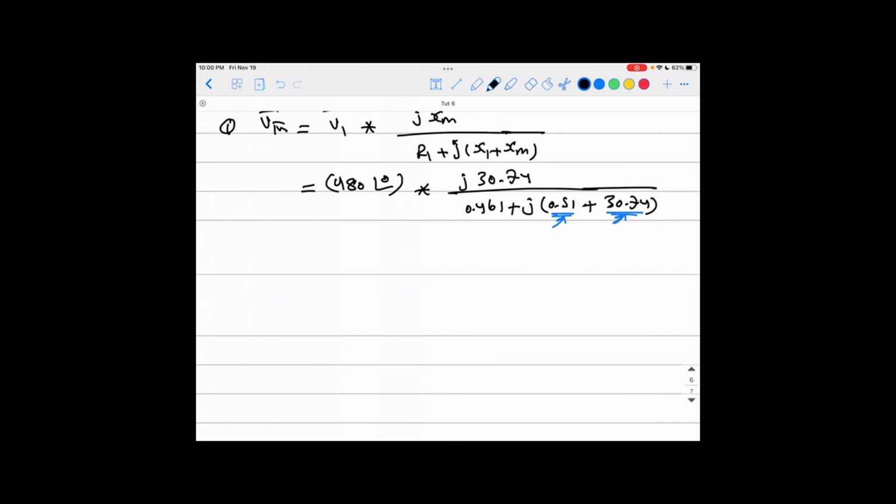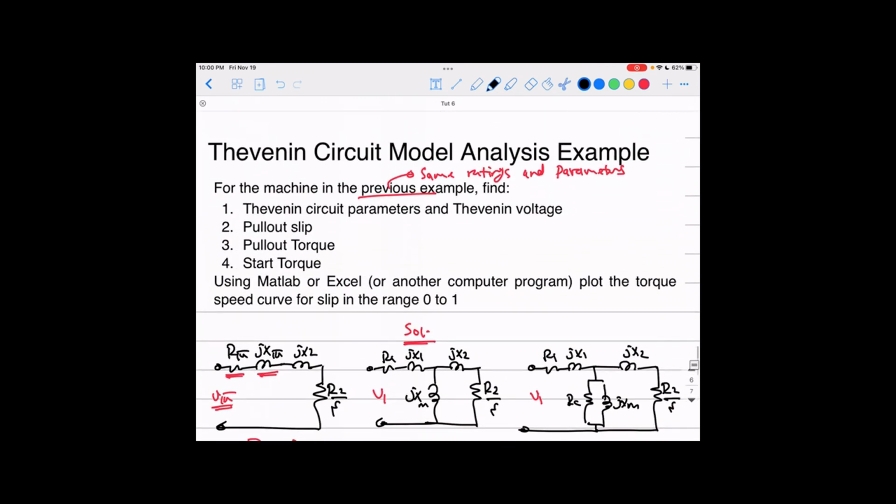Calculating this, if he wants the magnitude of the voltage, or its magnitude and angle, it doesn't matter. It is 472.1 volts. You can find the angle too, because your calculator will give you both magnitude and angle, but we're more concerned about the magnitude here. Most of the time, if you want to find the Thevenin voltage, that means the magnitude of the voltage.